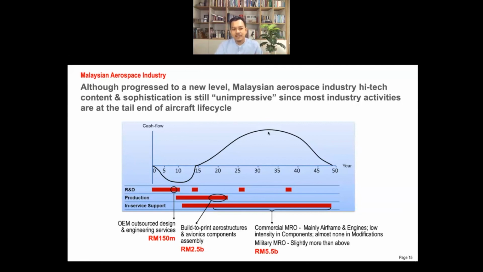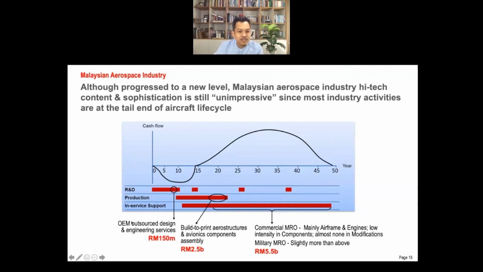This is where the money comes in, okay? And beyond that, the aircraft life cycle is getting shorter, because there are more MRO activities, repair has to be conducted, parts and components have to be refurbished, and so on.